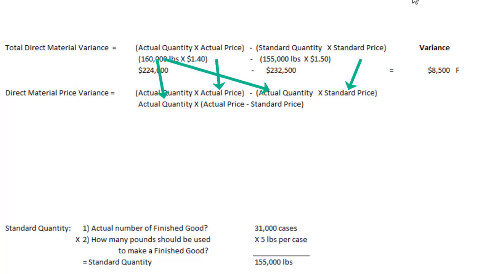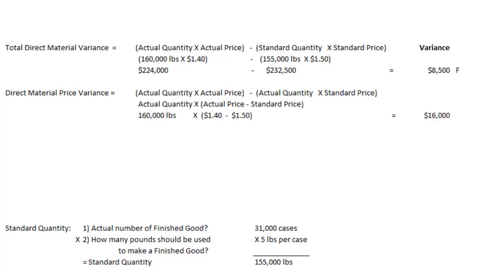We're going to do the actual quantity times the actual price, then the actual quantity times the standard price. You can rearrange it mathematically and put the actual quantity together and subtract the standard price from the actual price. This is just the same formula, rearranged using math.